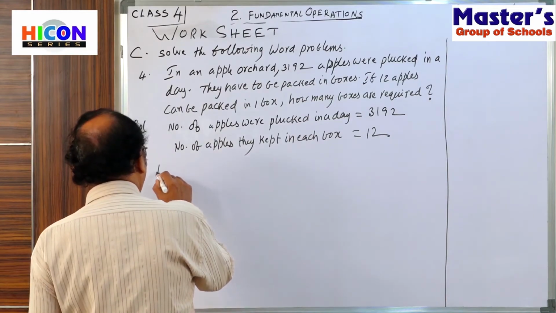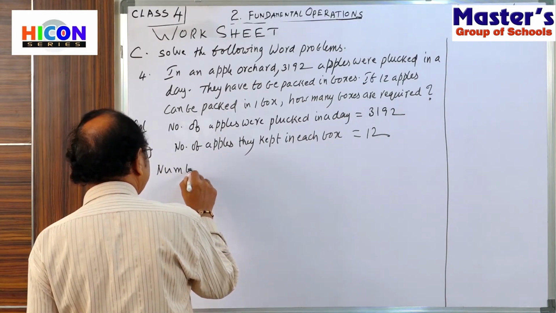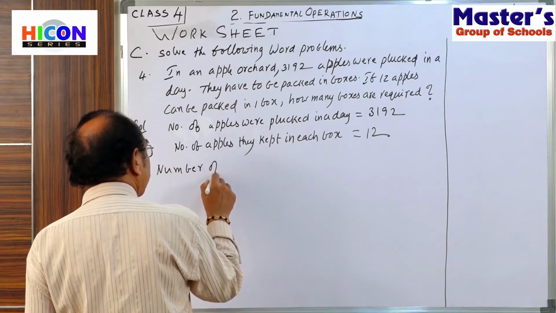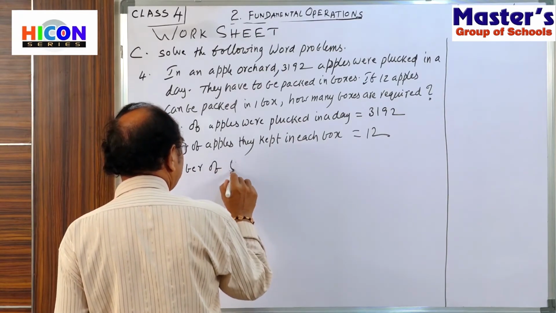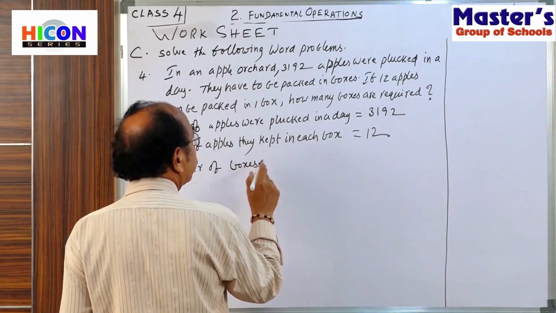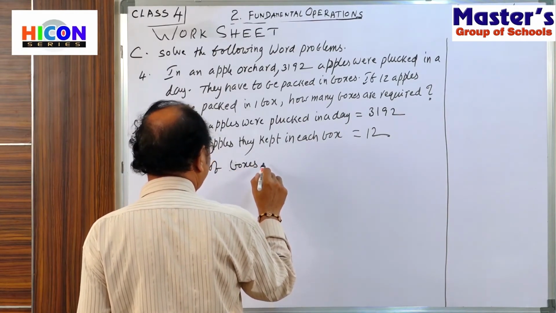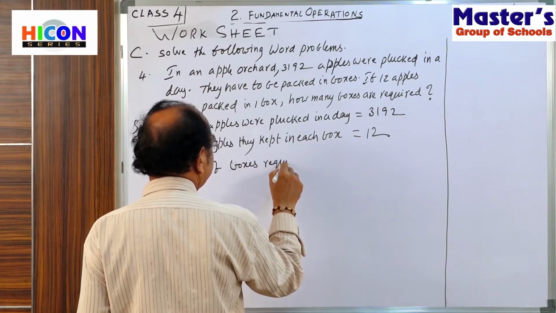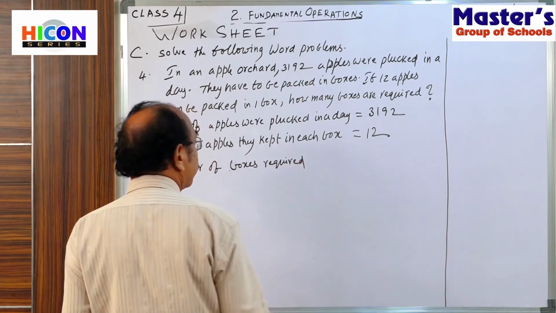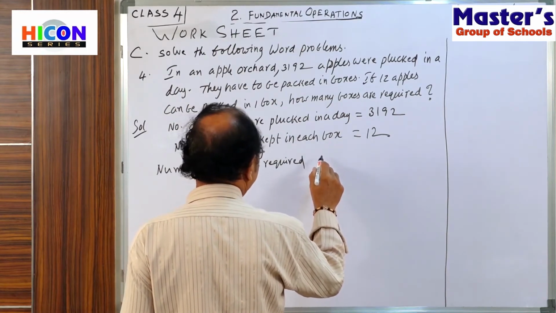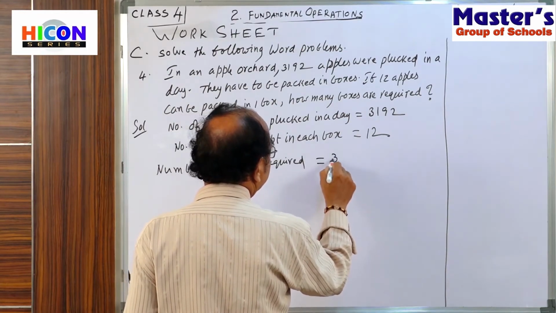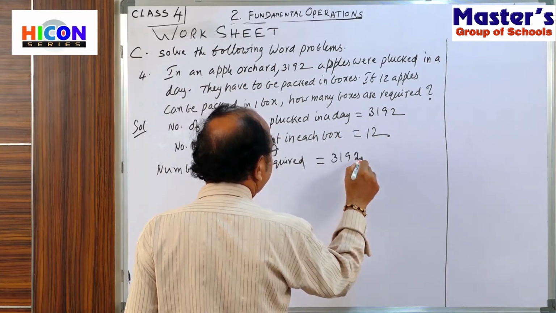So the number of boxes required is equal to 3,192 divided by 12.